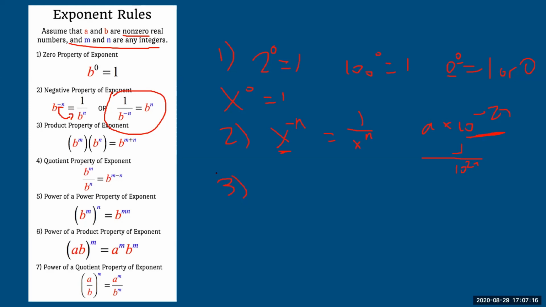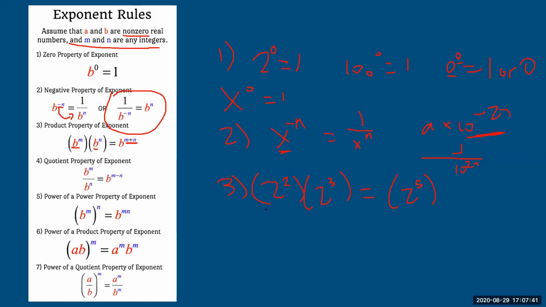All right. Product property of exponents. When you multiply exponents with the same base, you have to keep in mind they have the same base, you just add the exponents together. So if we had 2 squared times 2 cubed, that's just 2 to the 5th, right? You can check it yourself. I'm not going to do it, but 4 times 8 is 32, and 2 to the 5th is 32. So you can check it yourself, but trust me.